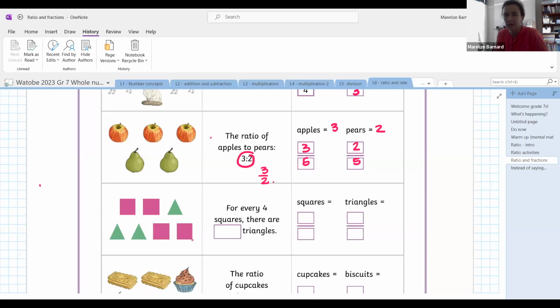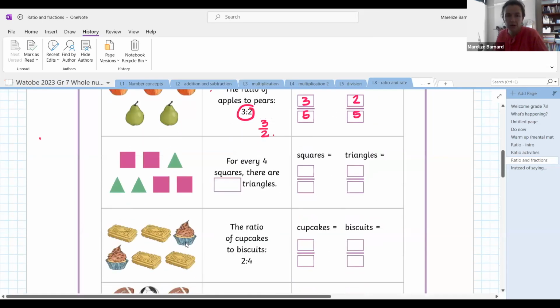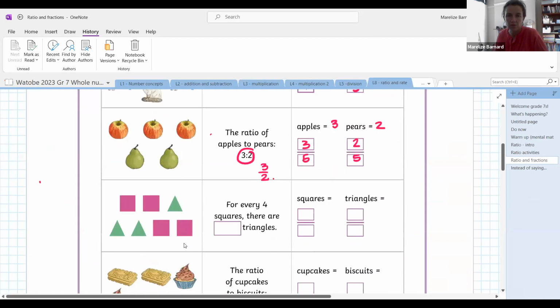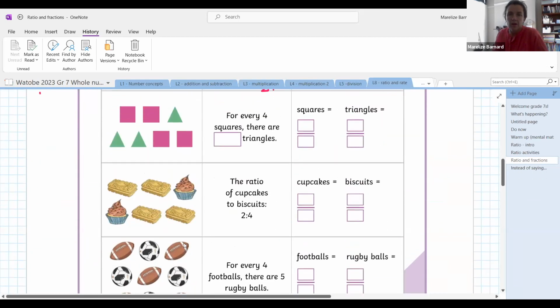Okay, I think we only have time for one more. Let's do this last one. So for every 4 squares, how many triangles are there? I see 1, 2, 3 triangles. So the squares are 4 and the triangles are 3.